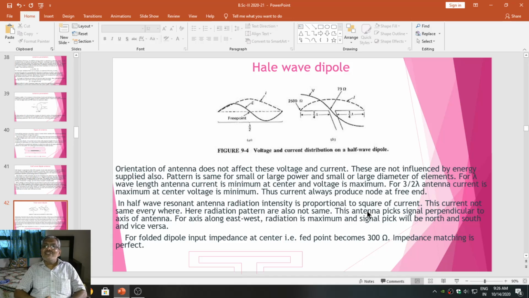This antenna picks the signal perpendicular to the axis of the antenna. For the axis along east-west, radiation is maximum and signal picked up will be in the north-south direction and vice versa. Means in general, radiation patterns of the antenna are not uniform.